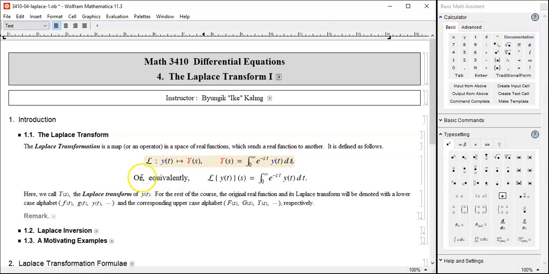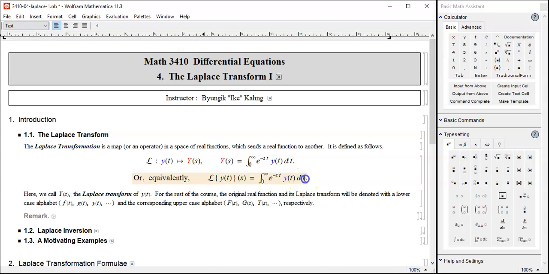Make sense? So L is sending small y to big Y, blue y to red y. Now keep that in your mind and let's go to the next line, which looks far more intimidating because there are so many characters here, but they mean the same thing.